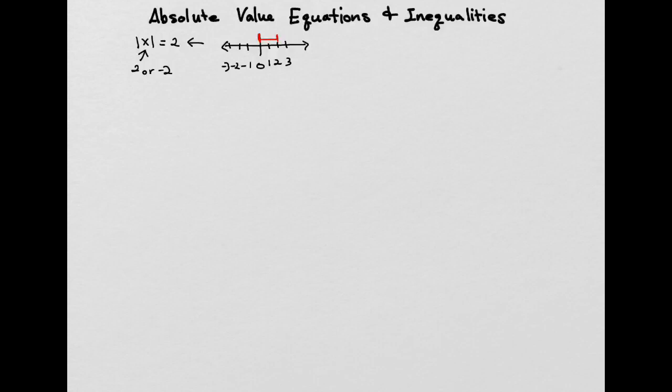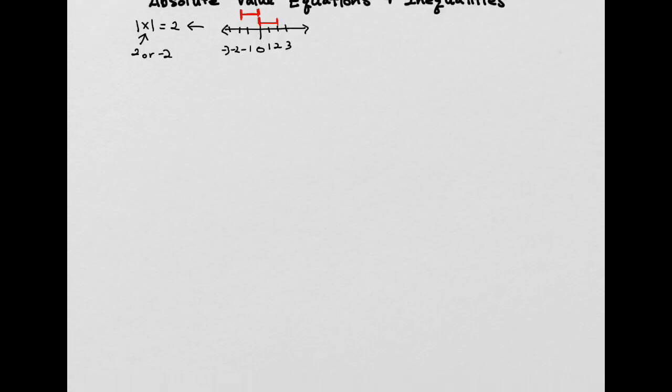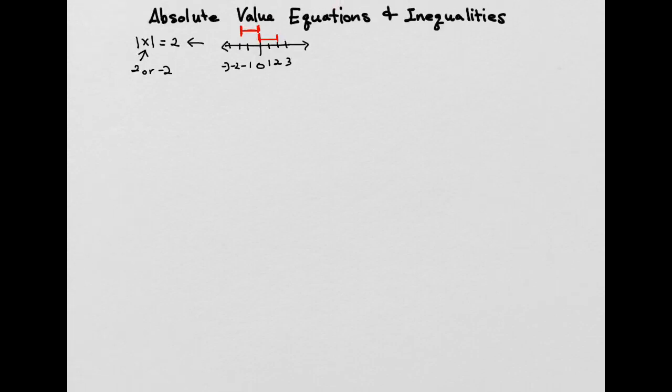Or from here to here. So from 0 to 2, your distance is 2. 0 to negative 2, your distance is also 2. So you could say that your distance from 0 to 2 or 0 to negative 2 is 2.